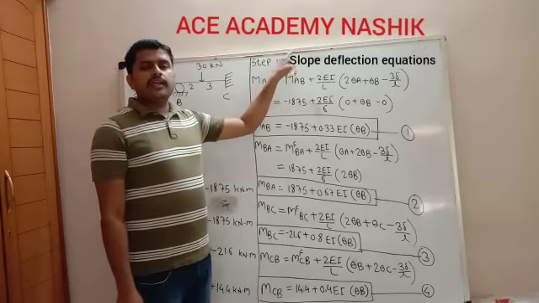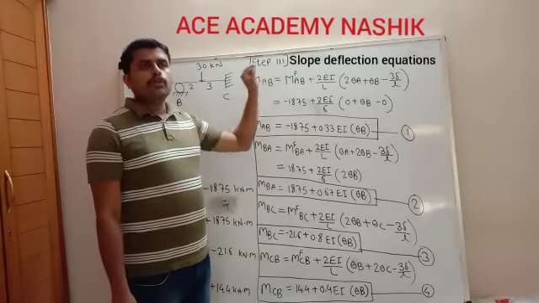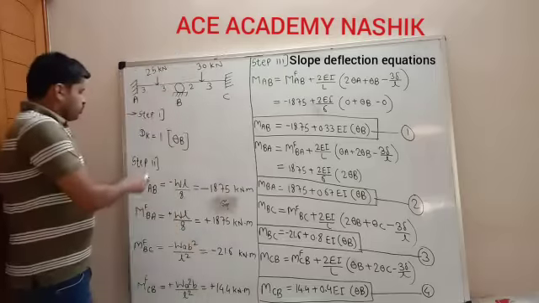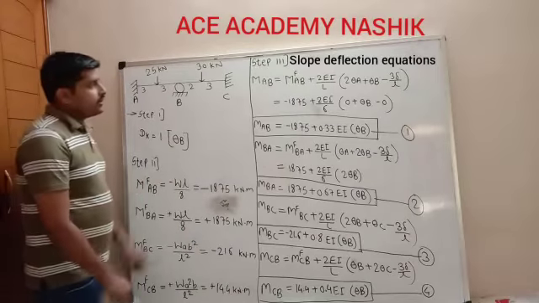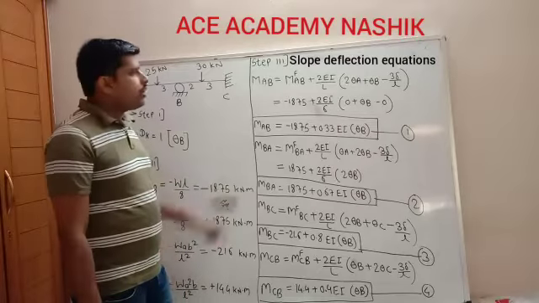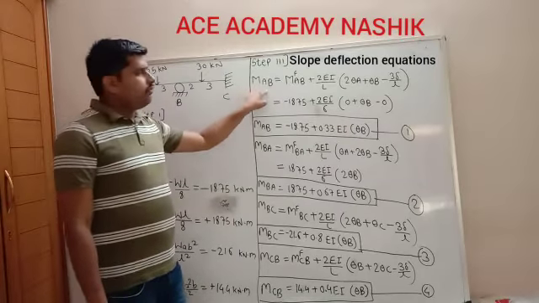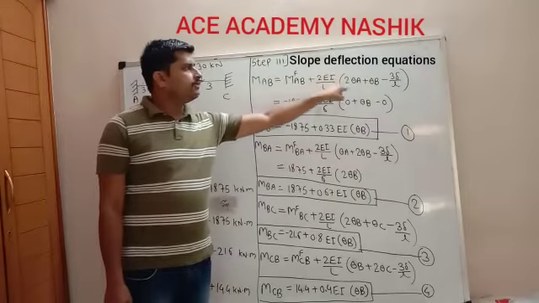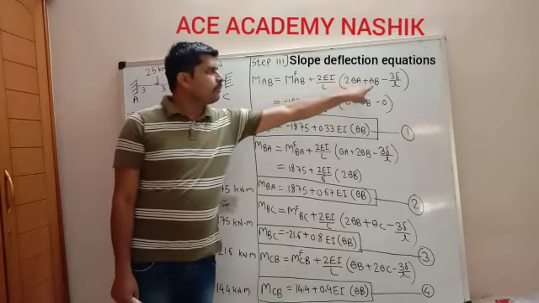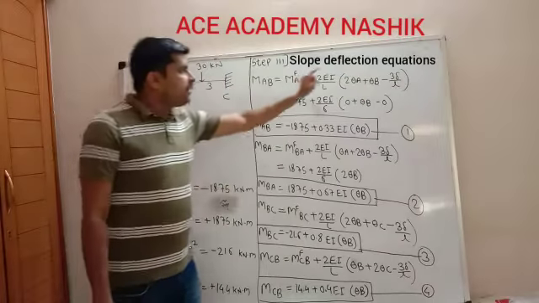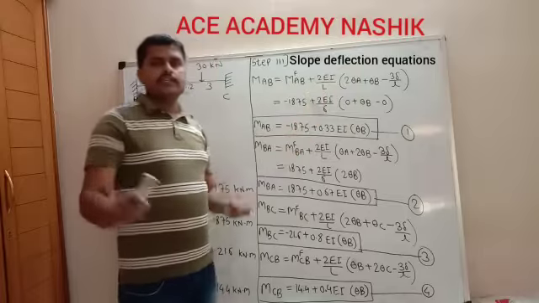Our step 3 is to write the slope deflection equations. There are 4 fixed end moments, so there will be 4 slope deflection equations. For AB, we can write MFAB plus 2EI upon L in bracket 2 theta A plus theta B minus 3 delta by L. Theta A and delta will be 0.